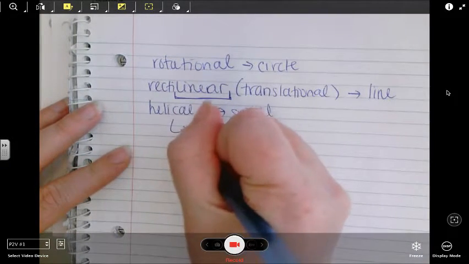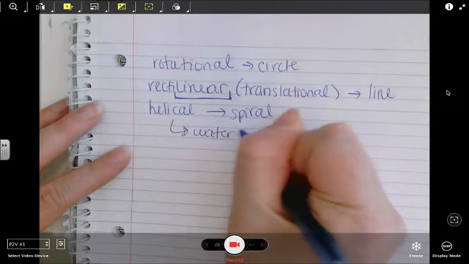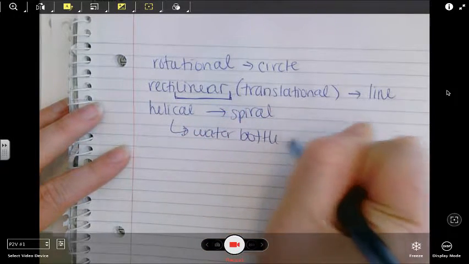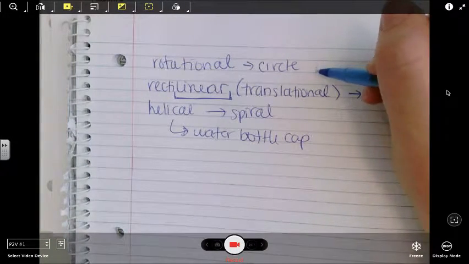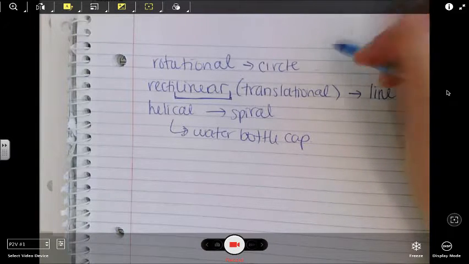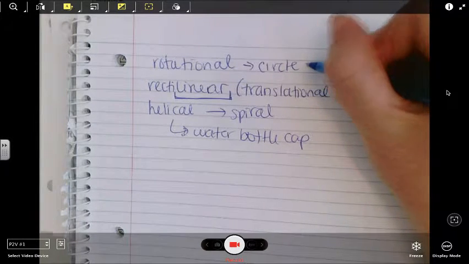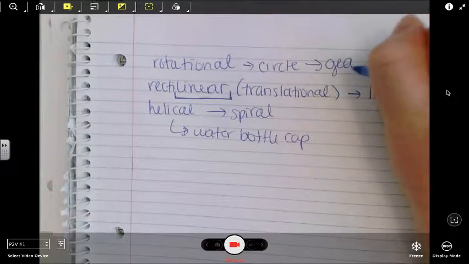So this would be water bottle cap. And a circle would be like gears that are turning perfectly in a circle and go back to exactly the same space. This would be like a gear.